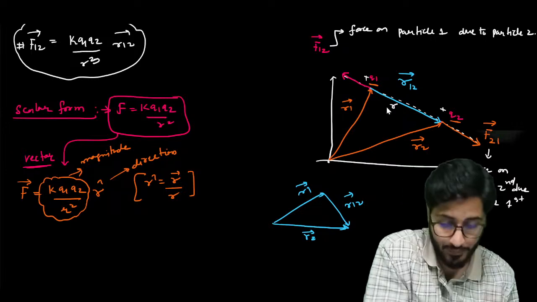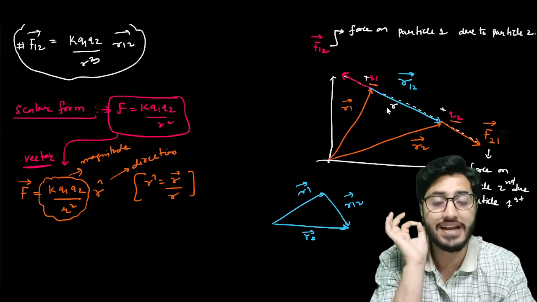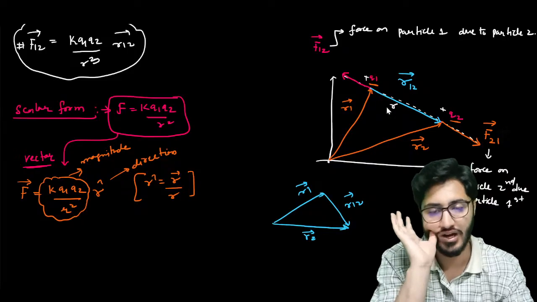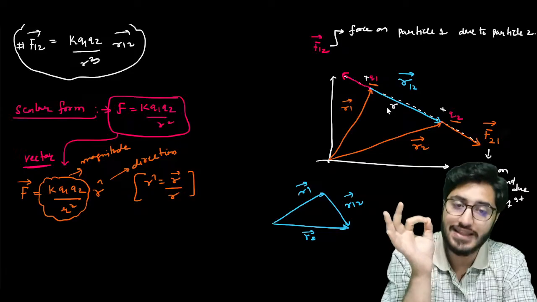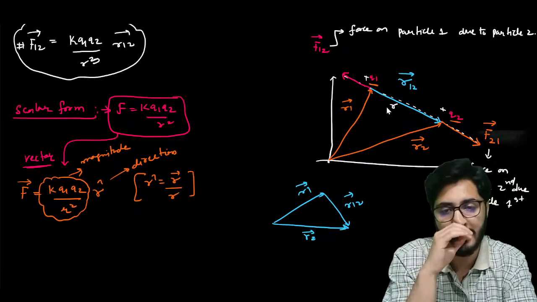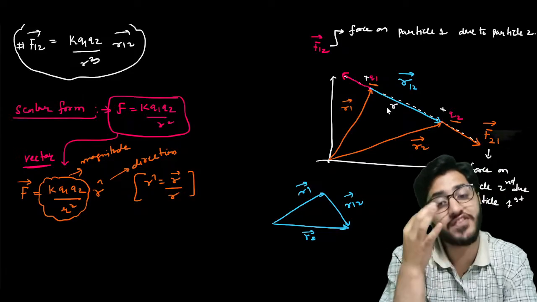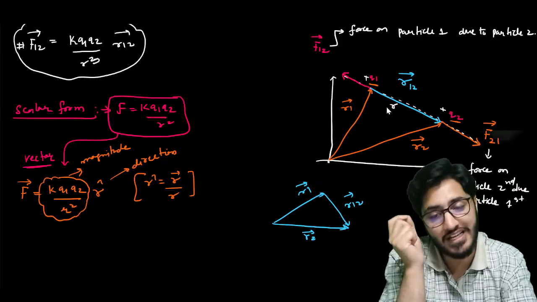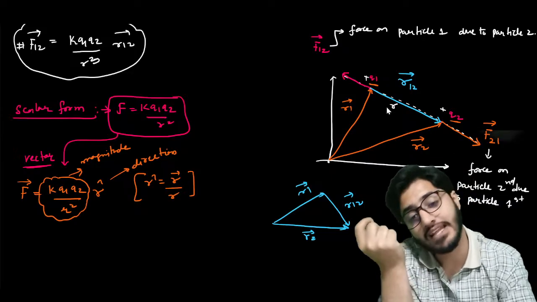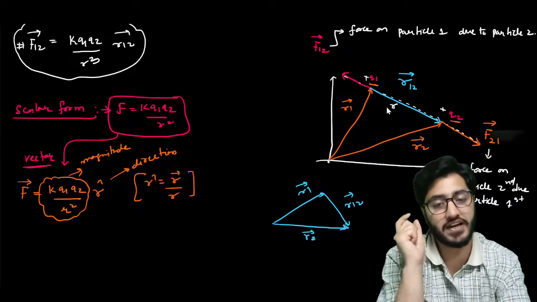We know from 11th class how we need to add vectors: on the head of the first vector there should be the tail of the second vector, and the resultant vector goes from the tail of the first vector to the head of the second vector.